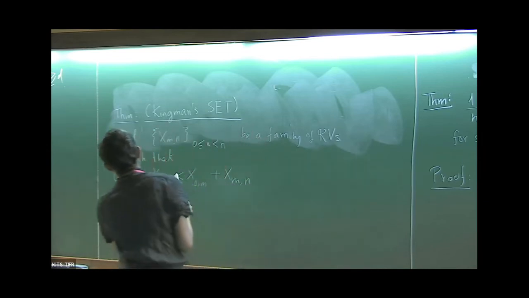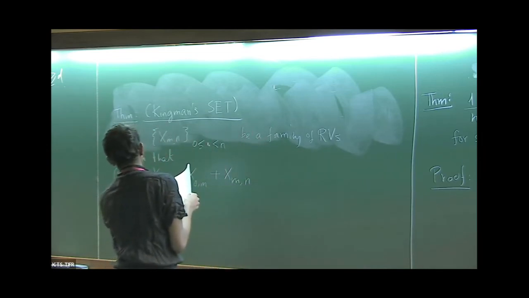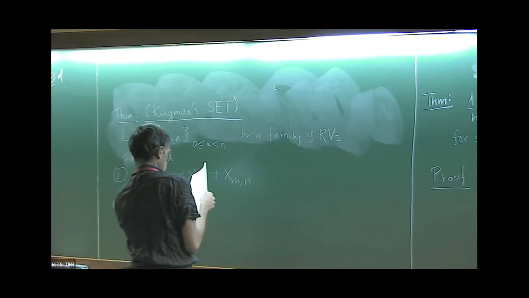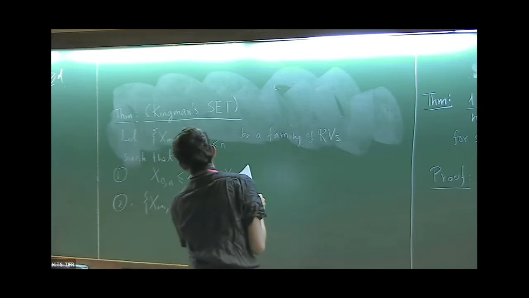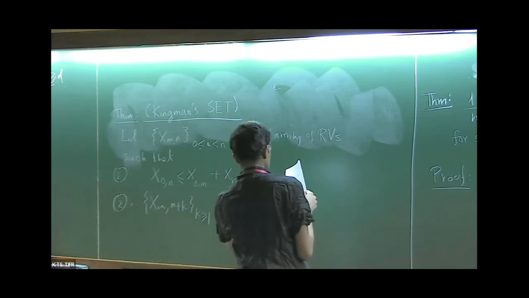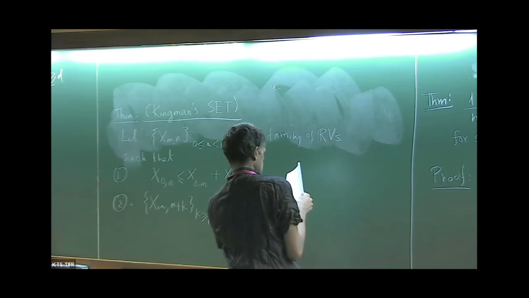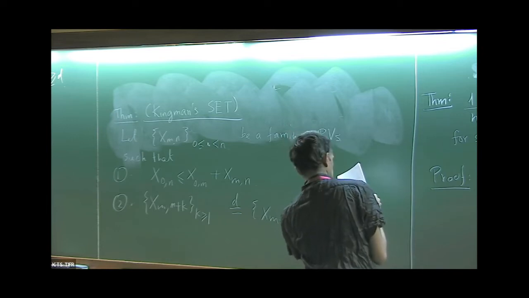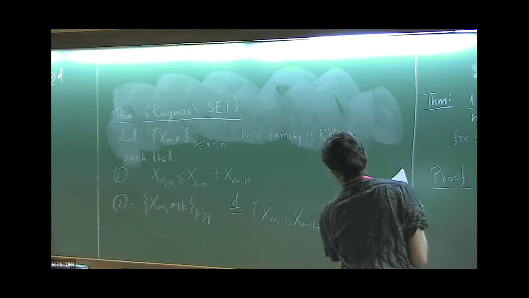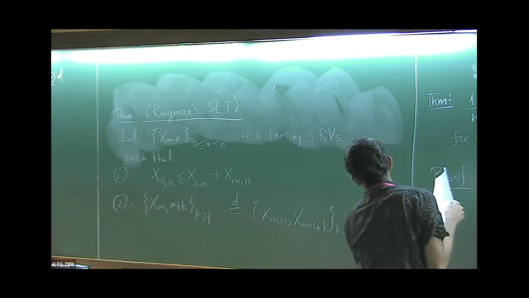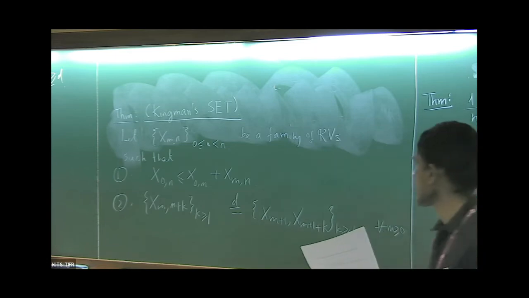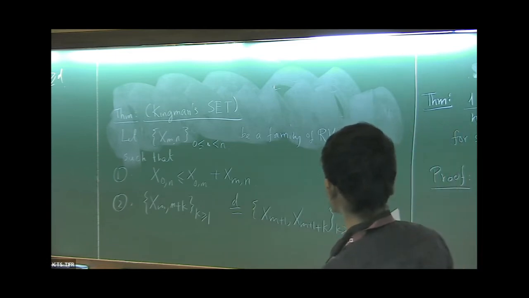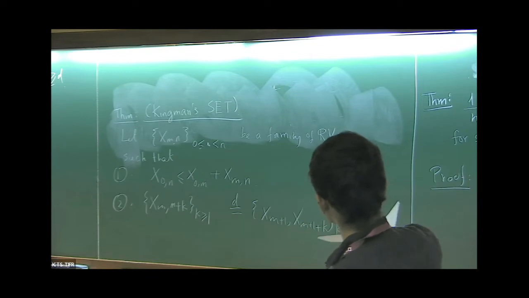The second one is the stationarity condition: for any fixed m, the distribution of the sequence x(m, m+k) as k varies from 1 up to infinity is the same as the distribution of the sequence if you look at the same thing for m+1.